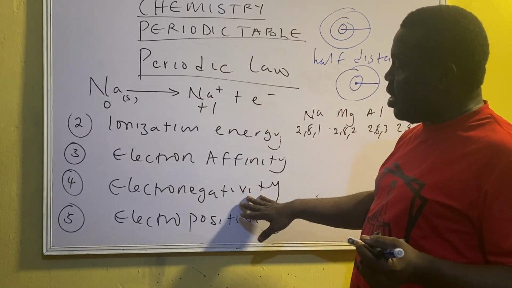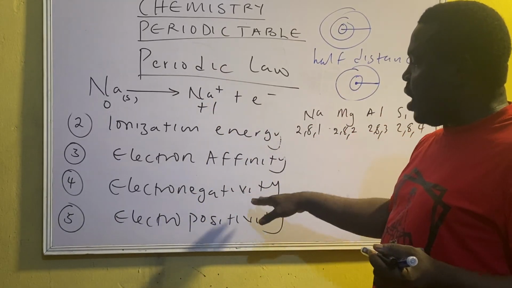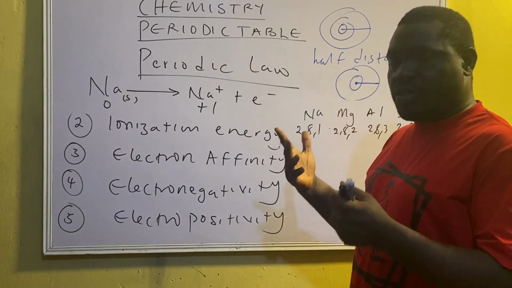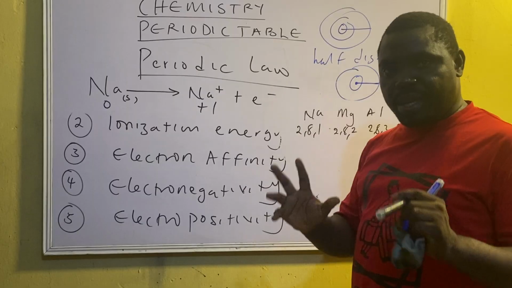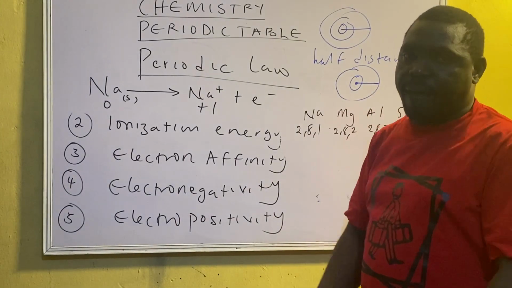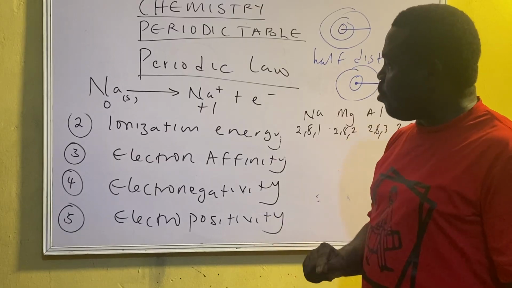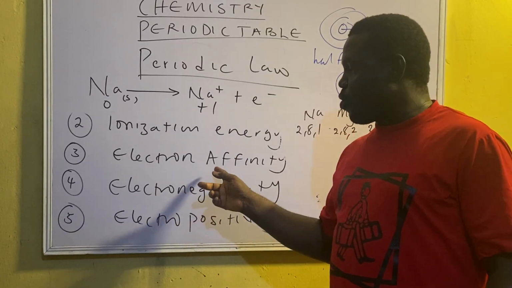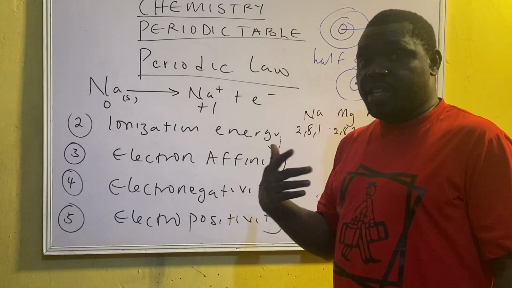What's the next to the last, electronegativity rather. This is talking about the ability of an atom to attract electrons to itself. Okay, what does that mean? Do metals attract electrons to themselves as I explained earlier? No. So it is the non-metals.